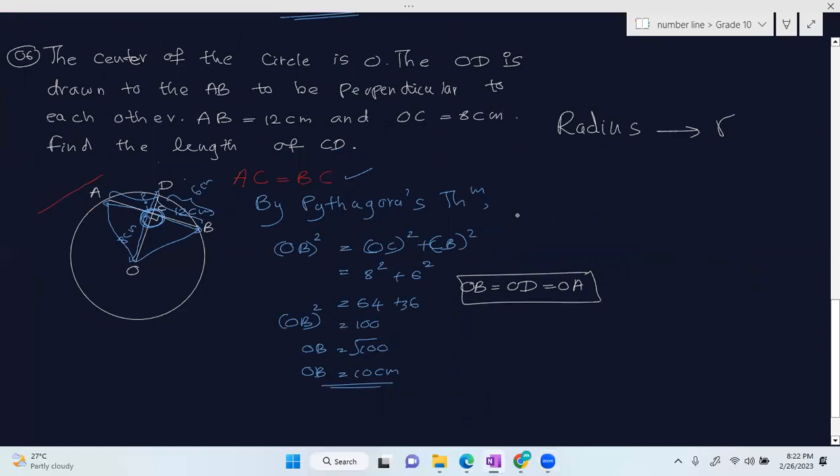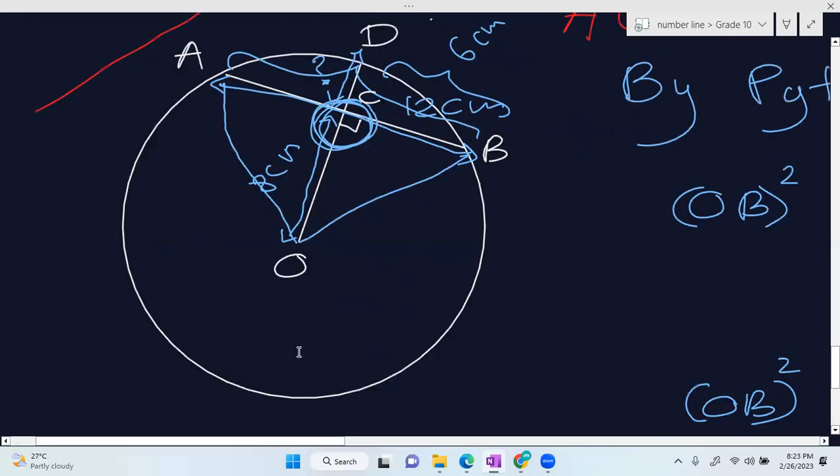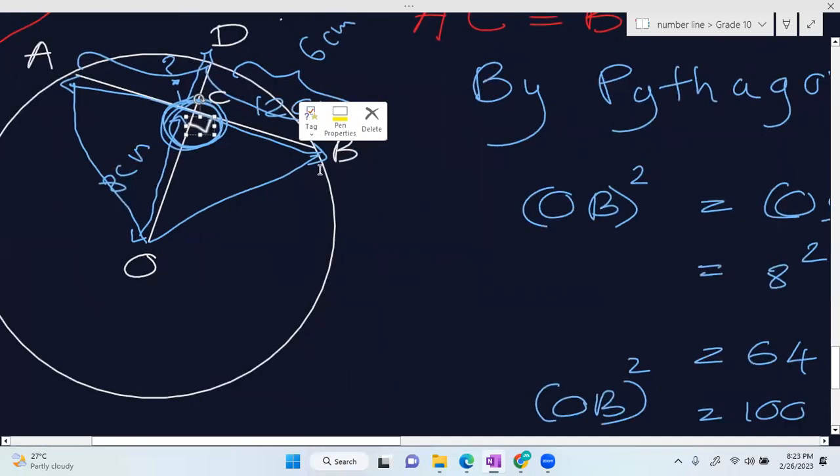So then OB equals OD. We can say that OD is 10 centimeters. Then OD is formed by OC added CD.